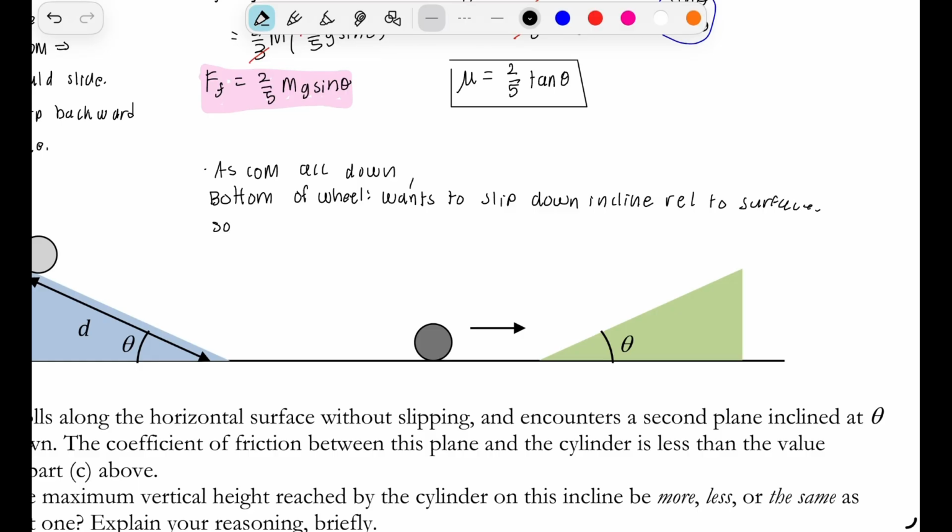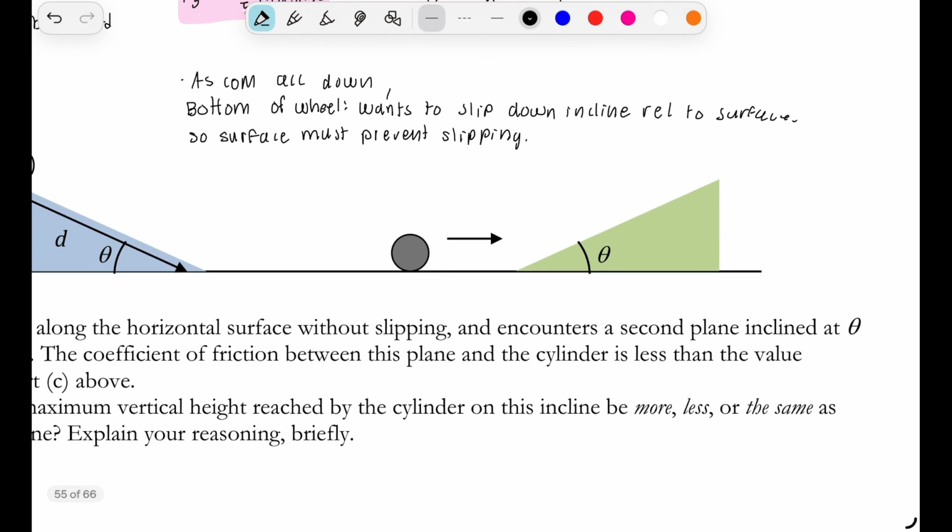So what happens is that the surface must prevent slipping. And the direction that the friction has to act in order to stop the slipping is that it must pull up the incline.